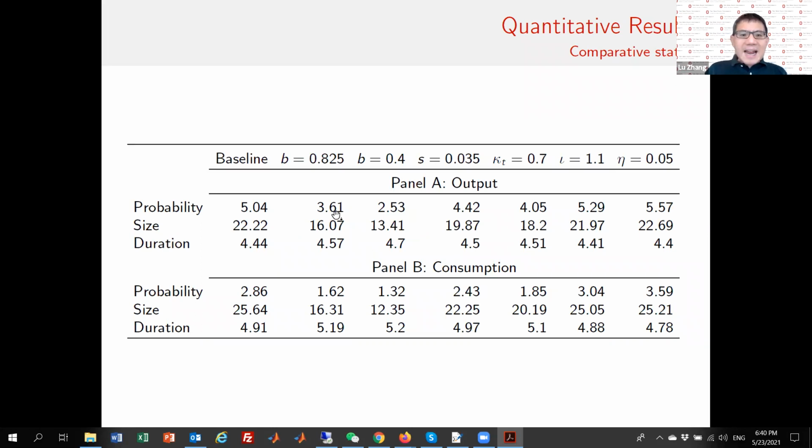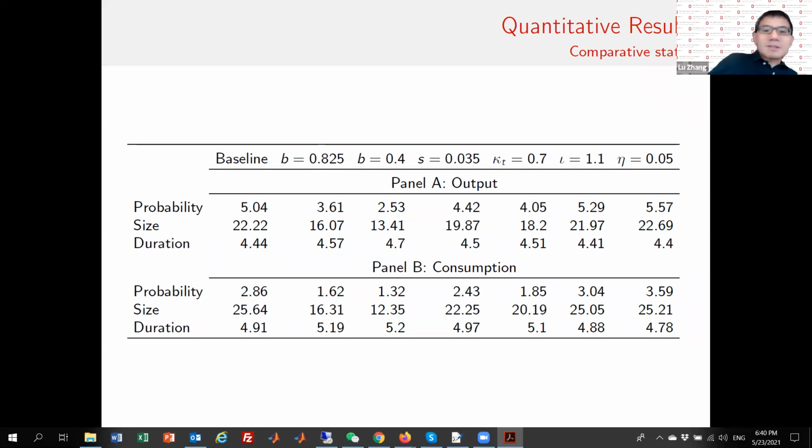So, comparative statics. In this table, we fix all the other parameter values but change one parameter value at a time. The first column is the baseline calibration, the disaster moments in the model. In the second column, we reduce the flow value of unemployment from 0.85 to 0.825.